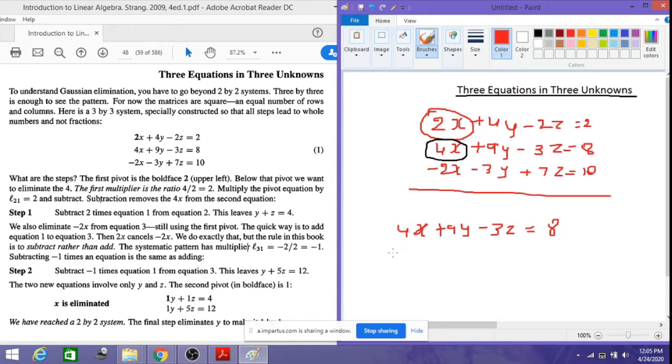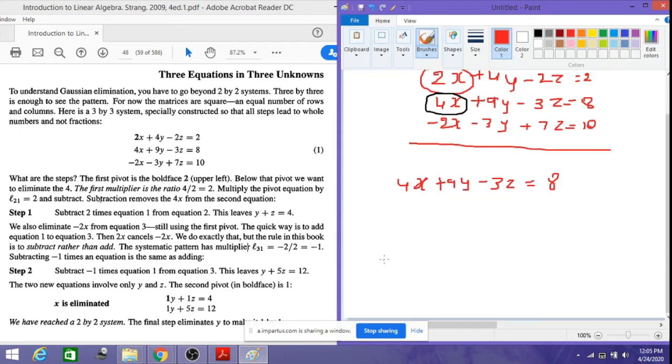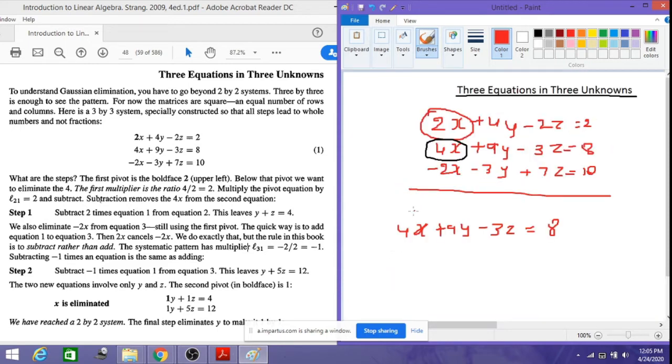Now I need to get 4, so our multiplier is 2. So 2 times the first row is 4x plus 8y minus 4z equals 4.